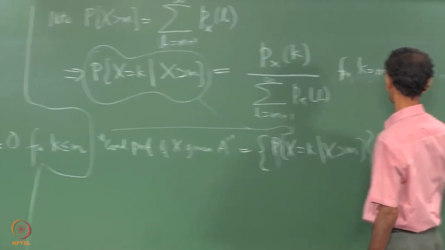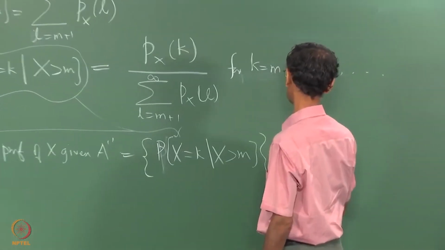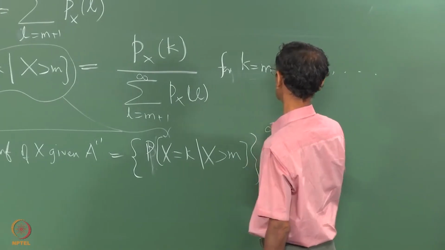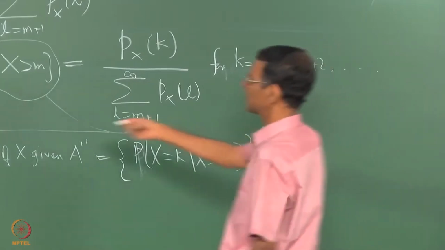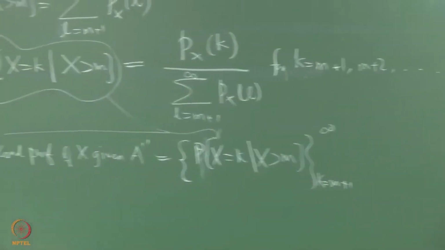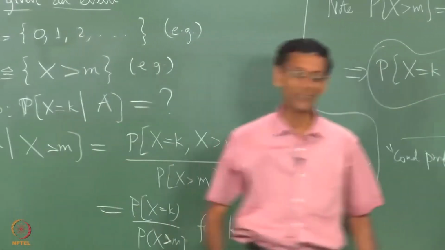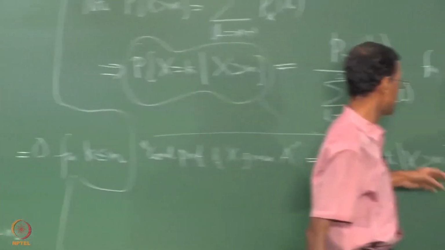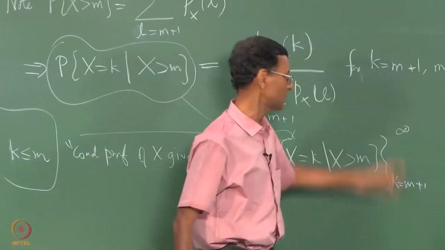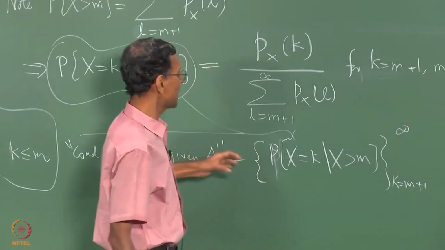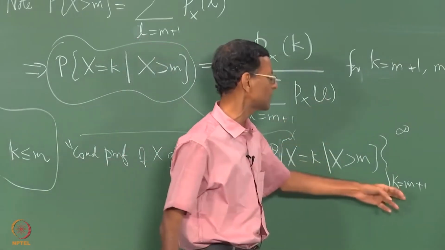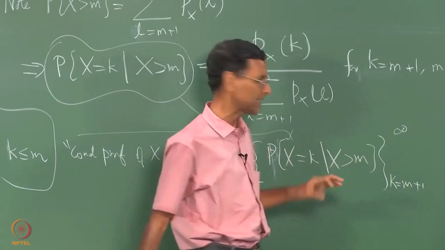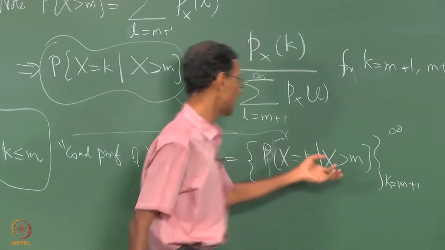So k equal to, in this case, m plus 1 to infinity, since x is greater than m and we have said x is a set of non-negative integers, this has to be from m plus 1 to infinity. The understanding of course is that you can also extend it, put it from 0 to infinity with the understanding it is 0 for k less than m, anyway.